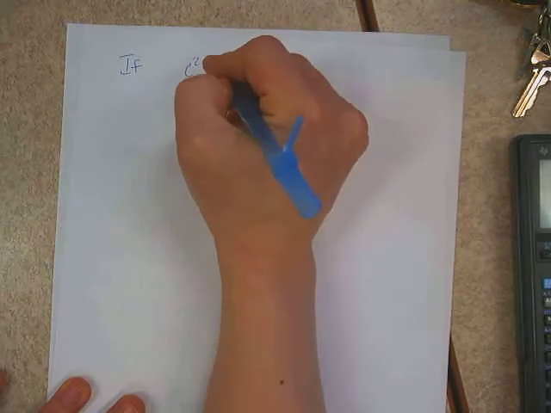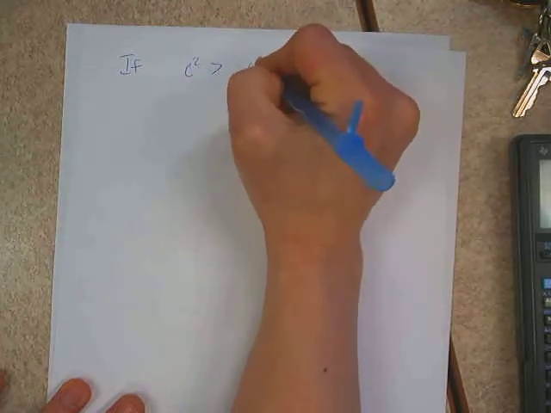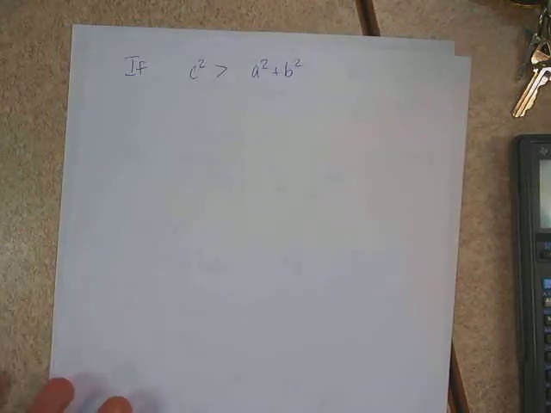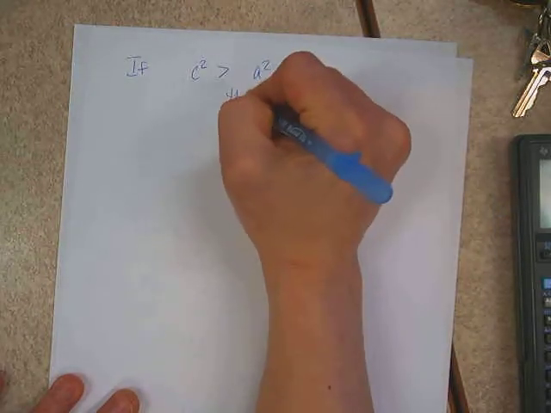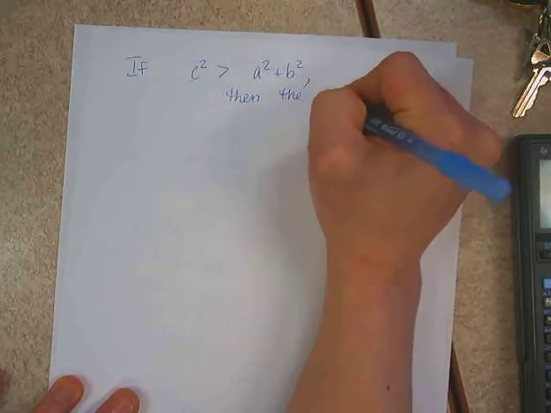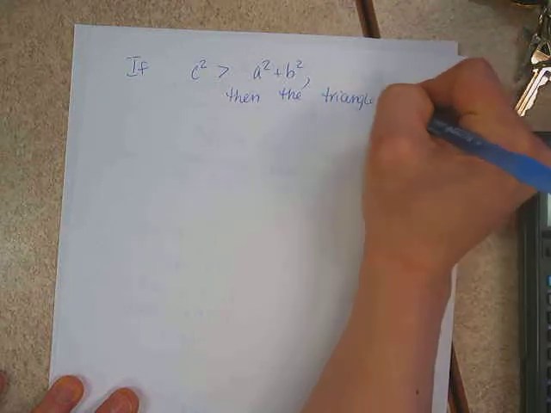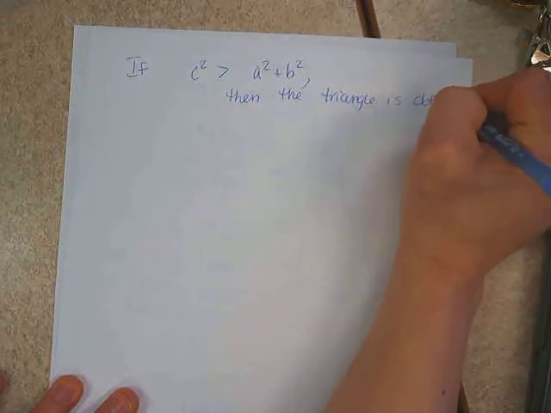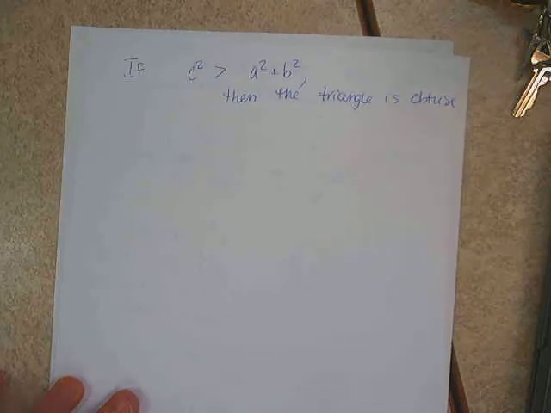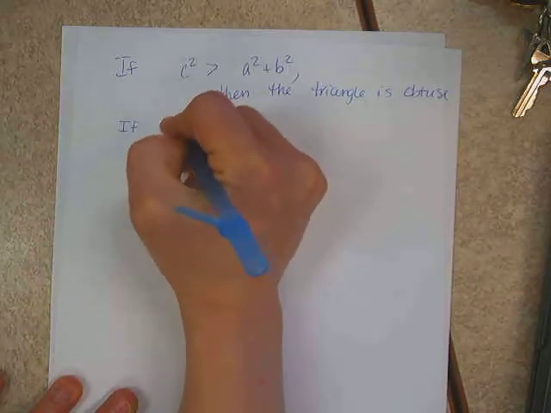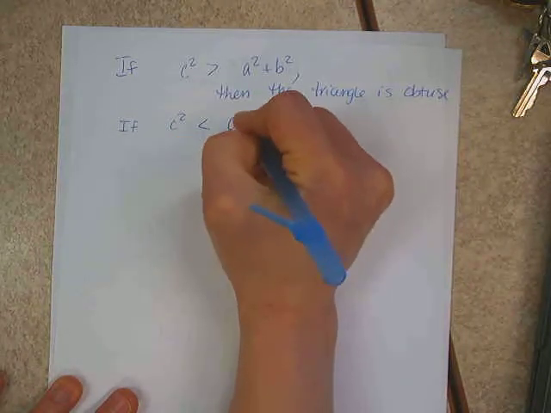So here's how we're going to use it. Well, I'll first write this down. If c squared is greater than a squared plus b squared, then the triangle is obtuse.